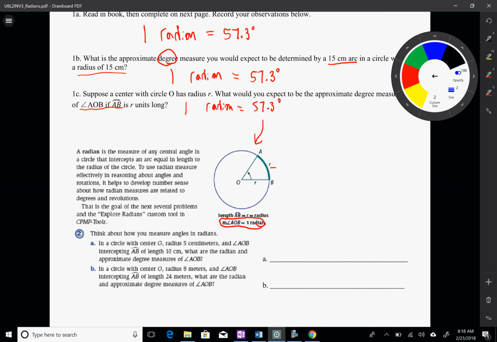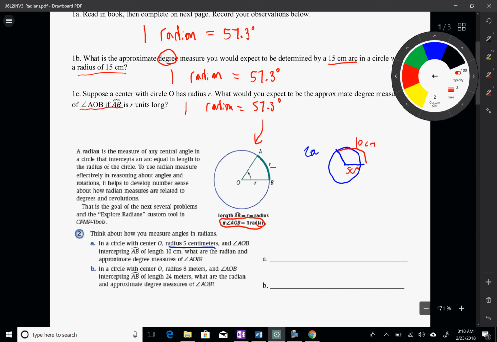All right, so problem 2, a circle with a radius of 5 centimeters. Let me just draw a picture for A. The radius is 5 centimeters, the arc is 10 centimeters. How many radiuses long is that arc? It's 2 radiuses long, so that means the angle is 2 radians.